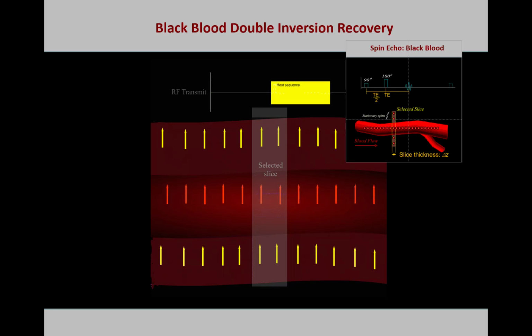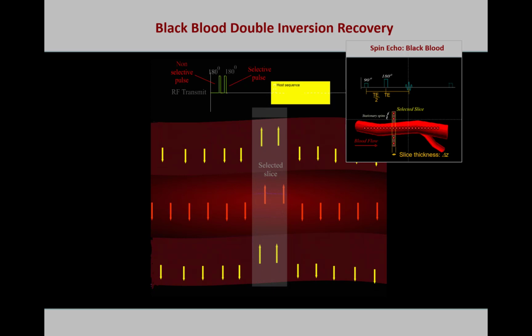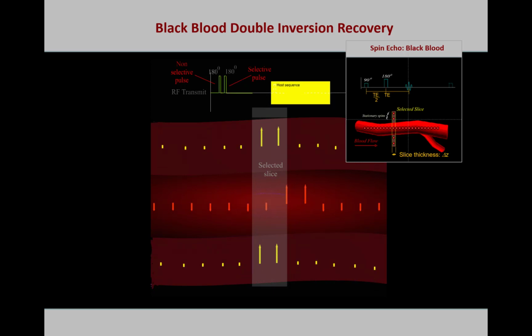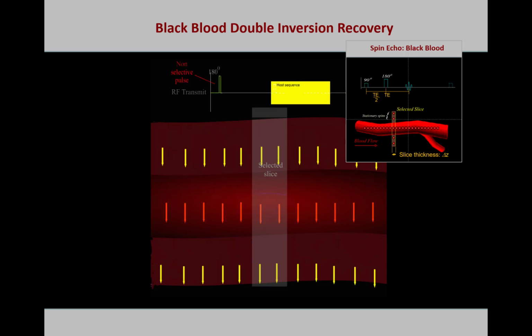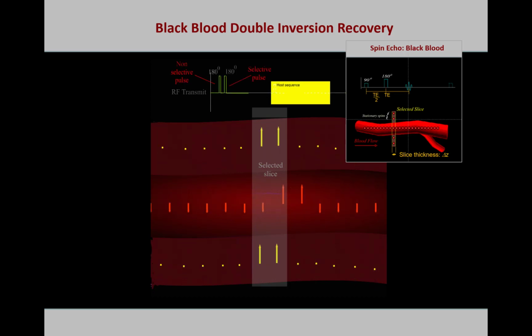black blood approach, that with slow flow the black blood technique wouldn't work properly because the blood needed to pass through that slice thickness reasonably quickly. So what's the situation with the double inversion recovery sequence? Well, we do have one requirement.